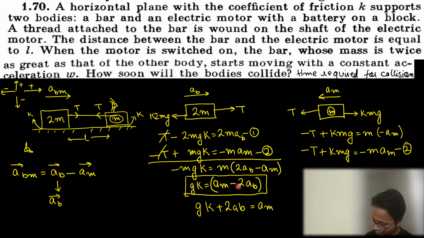I just send this plus 2 AB to the left hand side. So acceleration of motor is nothing but g k plus 2 times the acceleration of block.